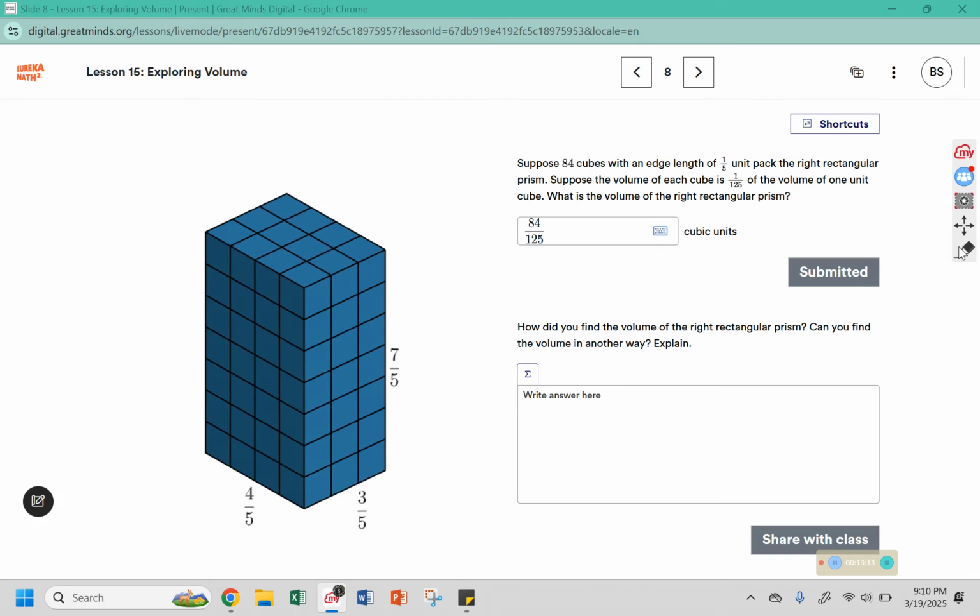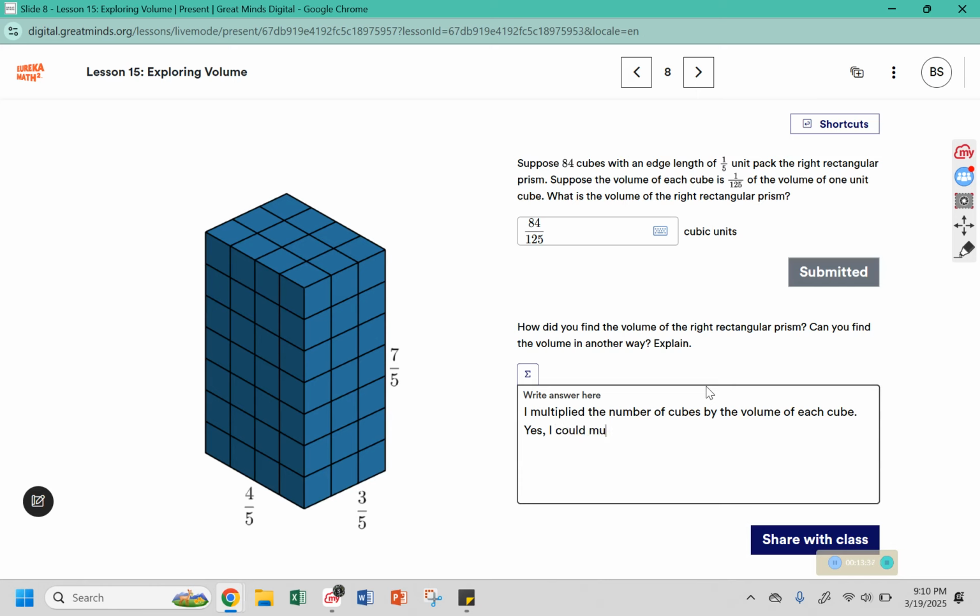How did you find the volume of the right rectangular prism? I multiplied the number of cubes by the volume of each cube. Can you find the volume another way? Well, yeah.